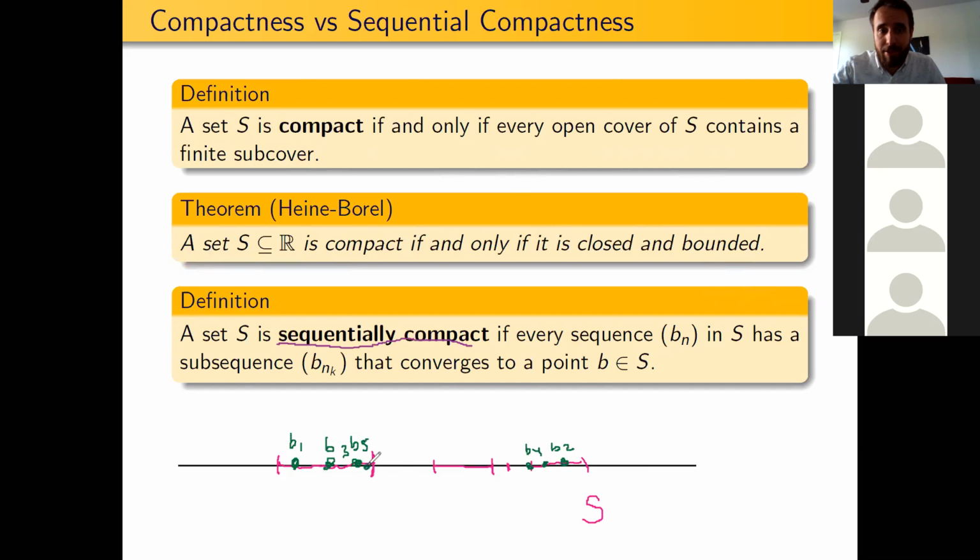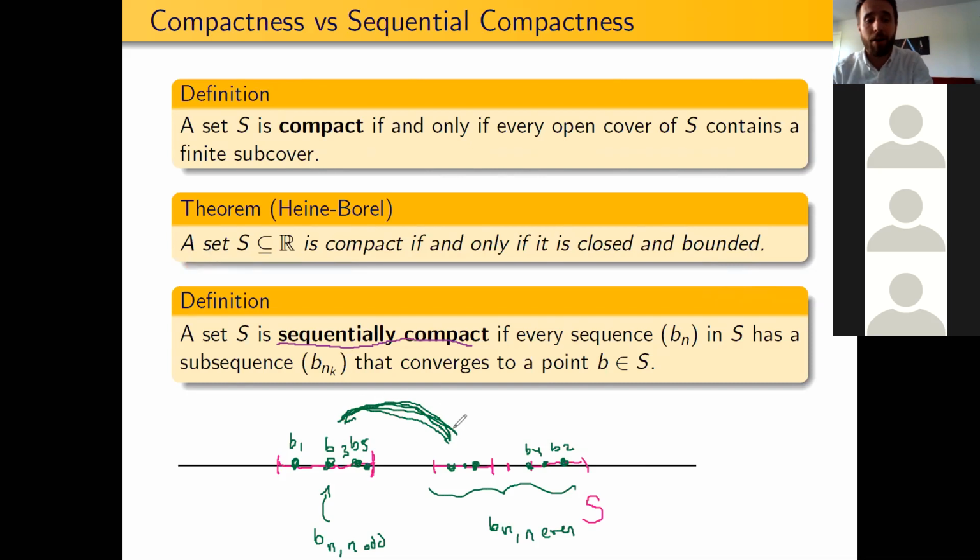I create this sequence in which every B sub n with n odd is over in this piece of S, and all my other ones, where n is even, occur somewhere over here. Well, clearly, the sequence B by itself does not converge to anything, right? It's going to just keep bouncing back and forth and back and forth. So it'll keep ping-ponging around, and that overall sequence won't converge to anything.